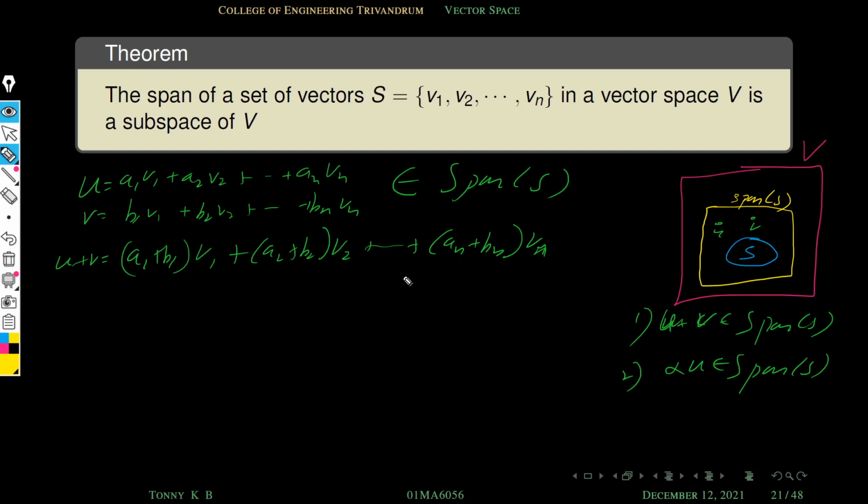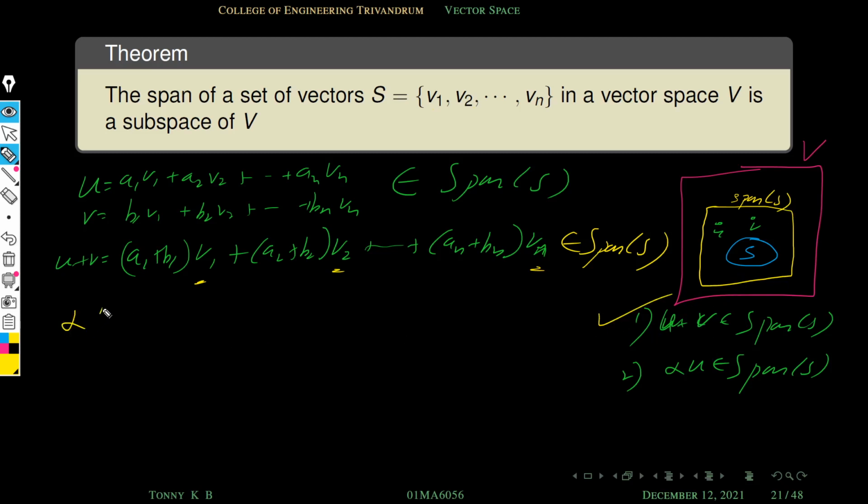Yes, it belongs to span of S because this is again a linear combination of the vectors v1, v2, etc. vn. That's because a1 plus b1 is a scalar, a2 plus b2 is a real number; they are all scalars. It is clear that this is also a linear combination. That's why this belongs to span of S. So what is our conclusion? If u and v are from span of S, then their sum belongs to span of S. So it satisfies the first condition.